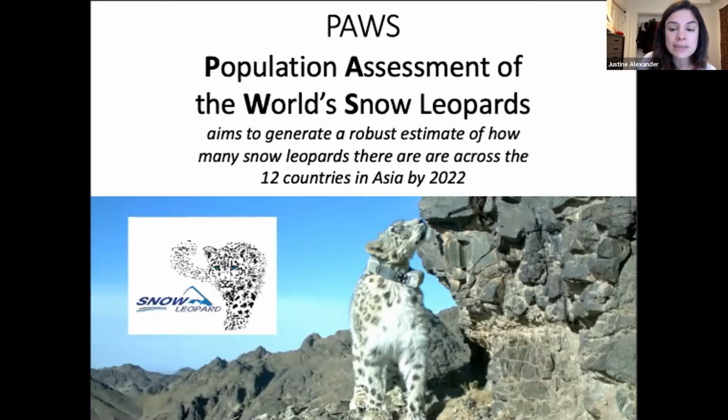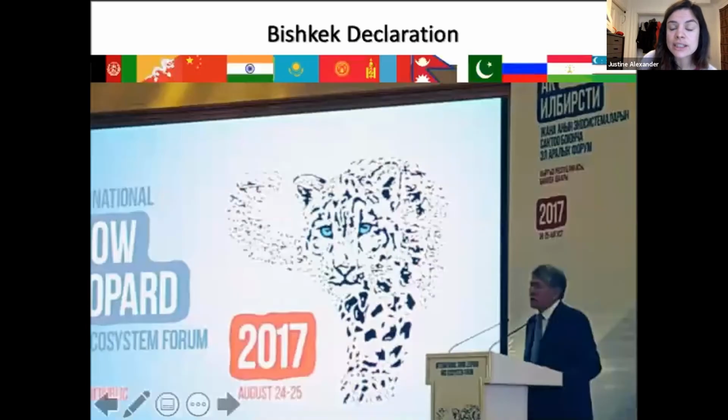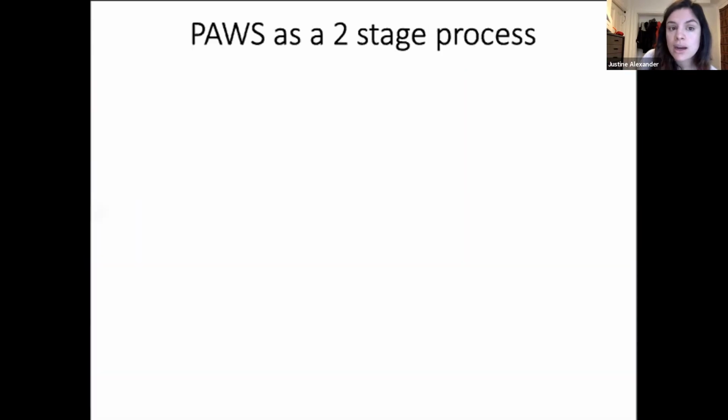It's a very challenging task, and it's through the GSLEP program and all range governments that are supporting this program. It was launched in 2017 through the GSLEP Bishkek Declaration, with the ambitious goal of estimating the population by 2022.